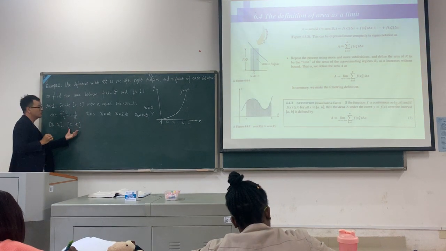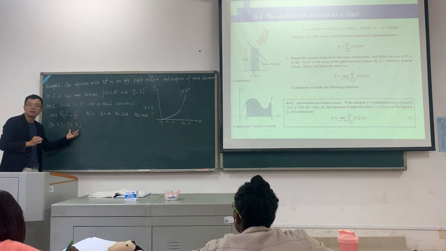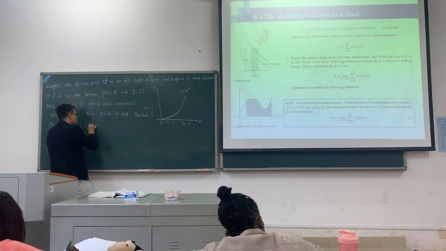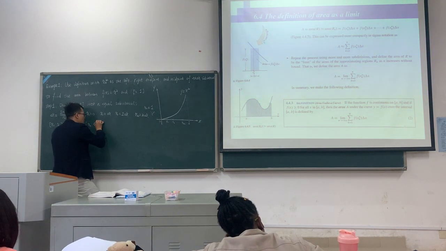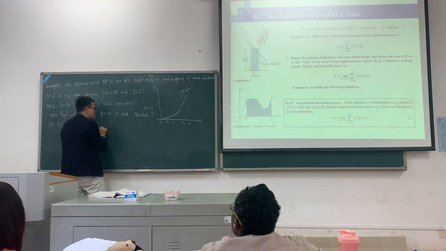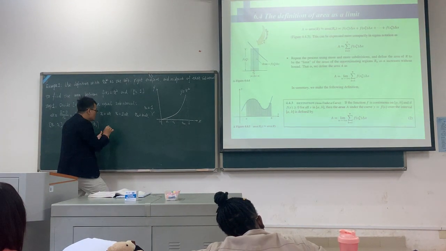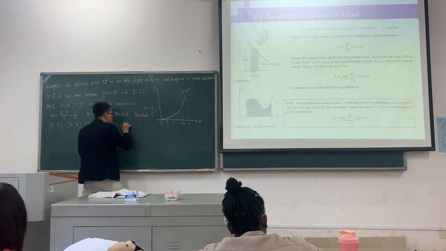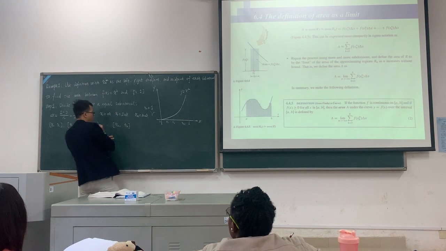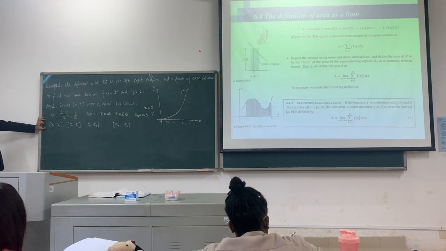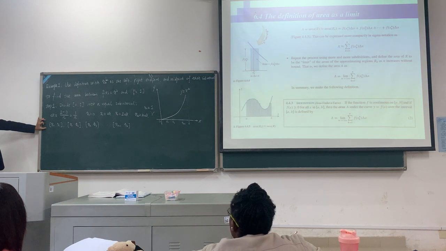The third subinterval is x2, x3. So go on. The last one, the n-th subinterval, is x(n minus 1), xn. So these are the n subintervals. This is the first step.